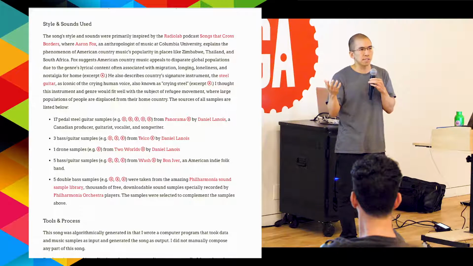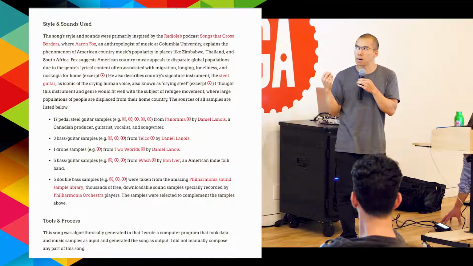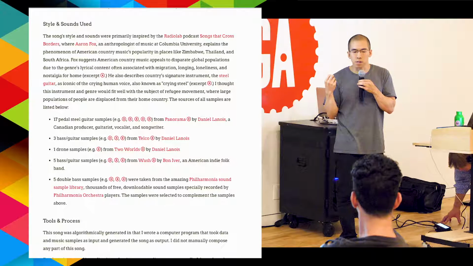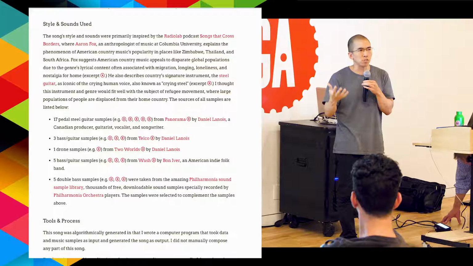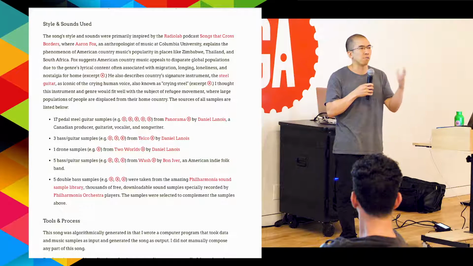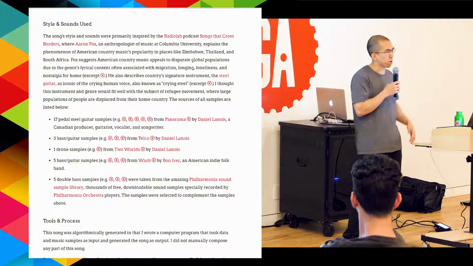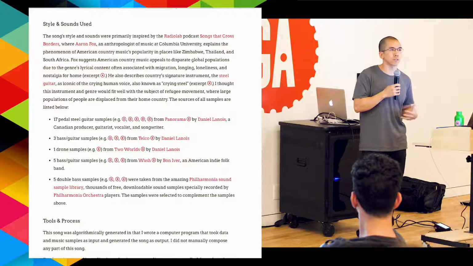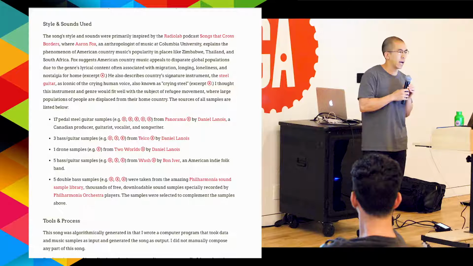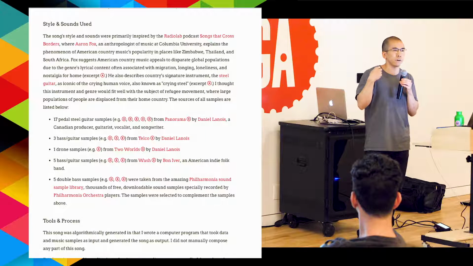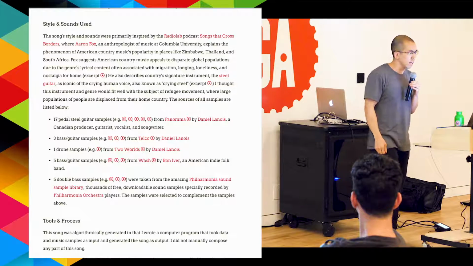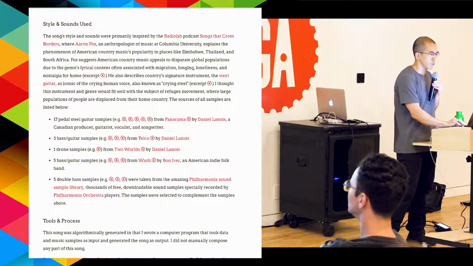There's a hypothesis that American country music has a nostalgic quality to it, a longing for home, longing for the countryside. Both the lyrics and the sounds have that quality. And the steel guitar is reminiscent of the human crying voice. So I used a lot of those samples.